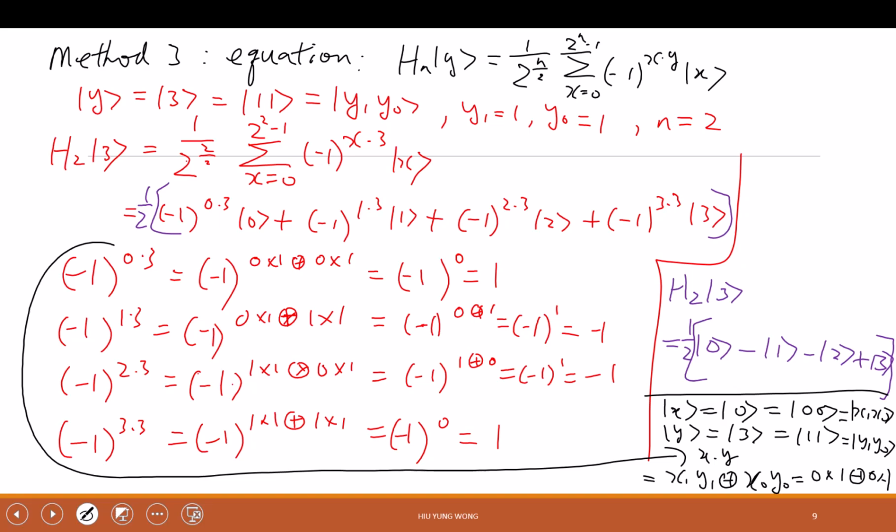Make sense, everyone? Say again. It is like the pairwise product, exclusive or pairwise. You pair them together, right? So x1 times y1 exclusive or x0 times y0.